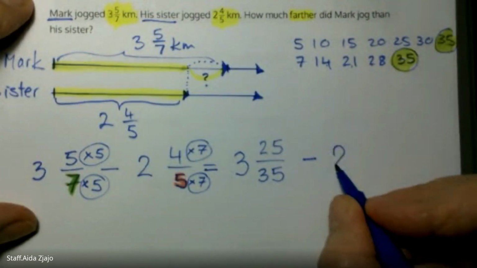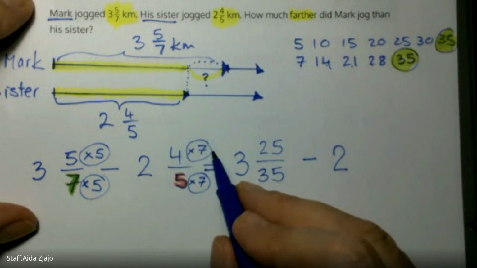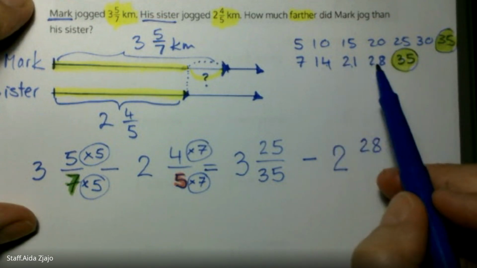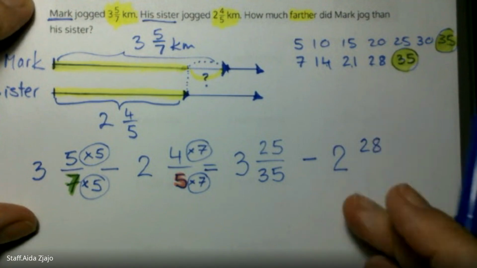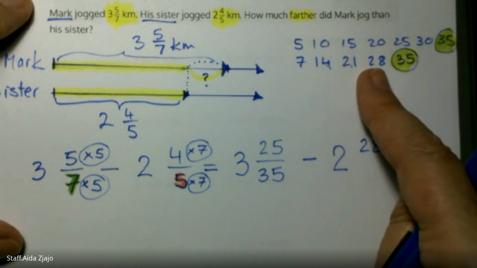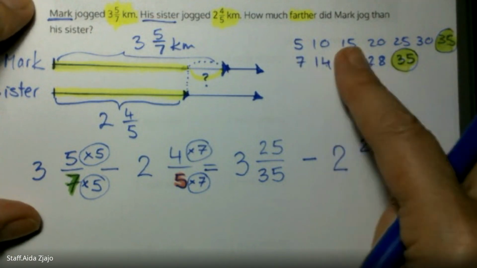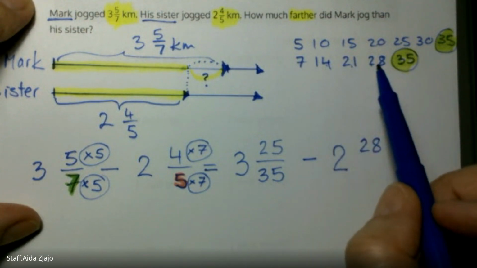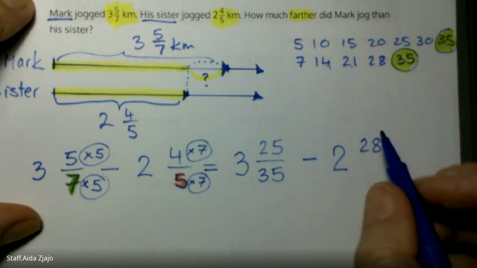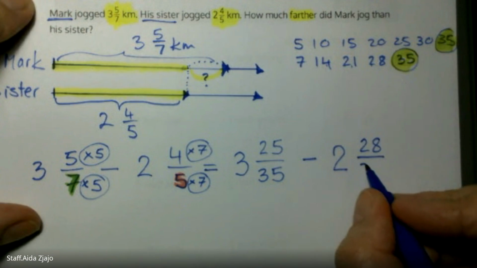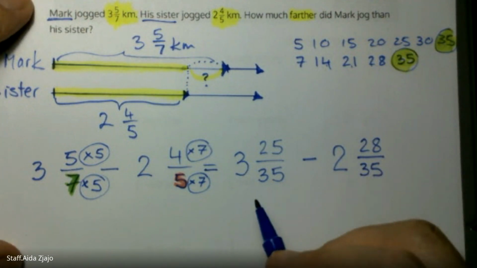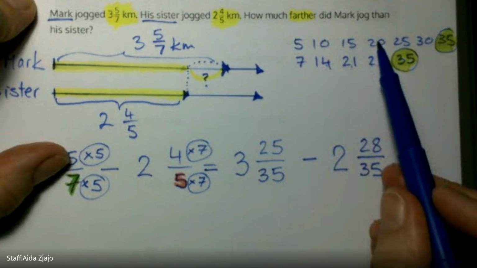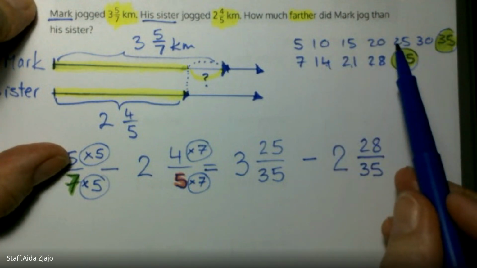Give away 2 wholes, and 4 times 7 is 28. We can see here 1, 2, 3, 4. This is good for people who do not know multiplication facts. So right now you actually have your multiplication facts, because 4 times 7 is 28, 5 times 7 is 35, and also 5 times 5 is 25.